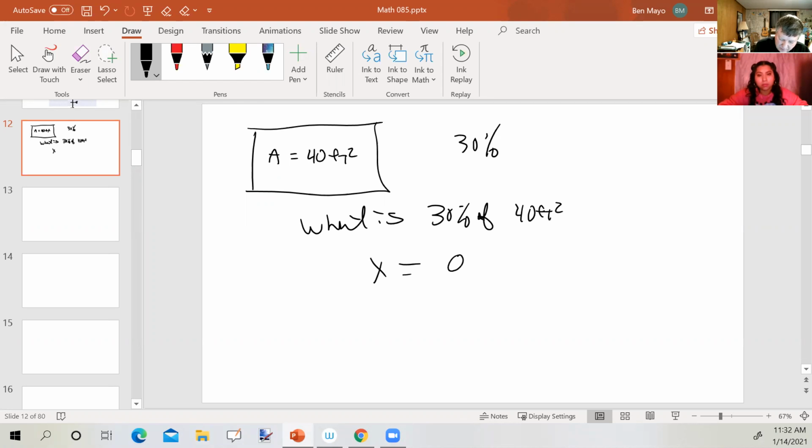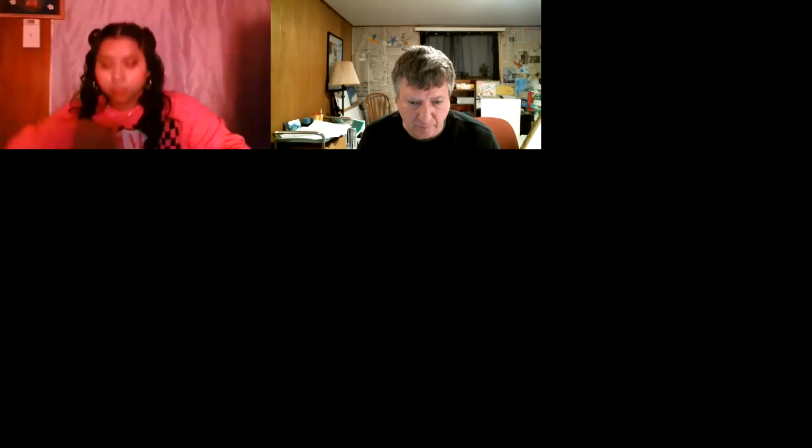So 30% would be 0.3 times 40, which is going to be 12 square feet. Okay, so the total area of the bulletin board is 12 square feet. Any question about where I came up with the 12? All right, let's go back to the story problem.